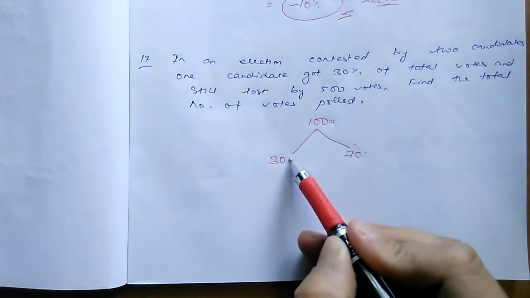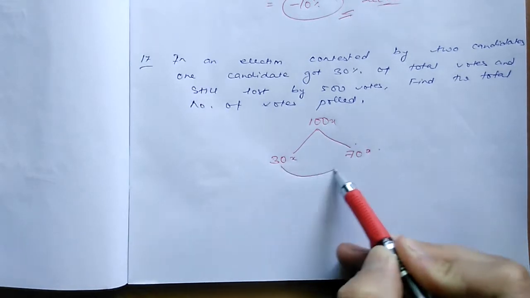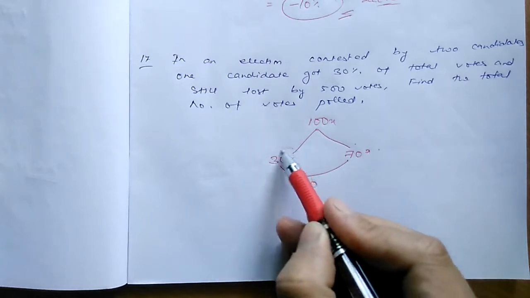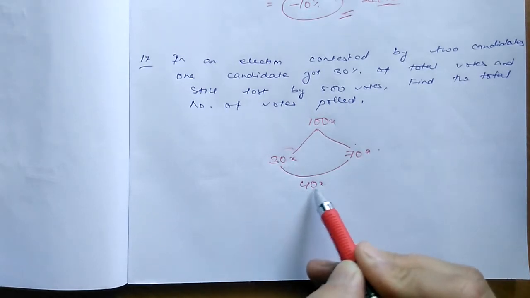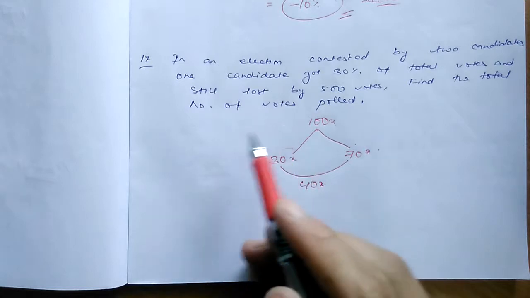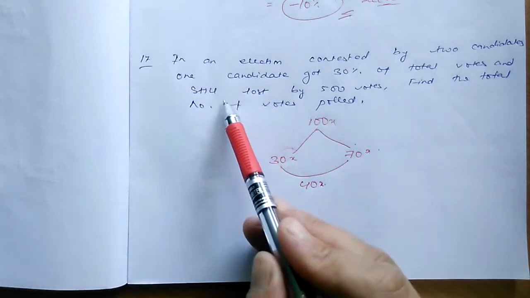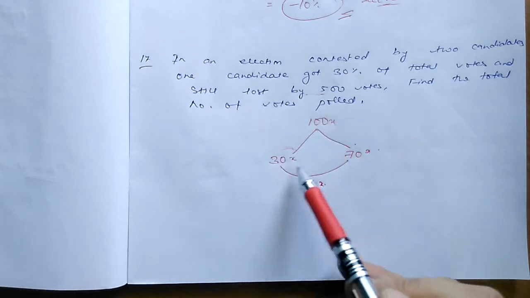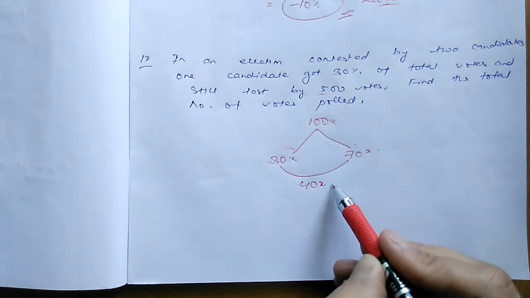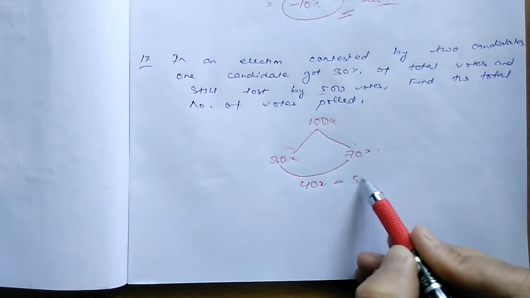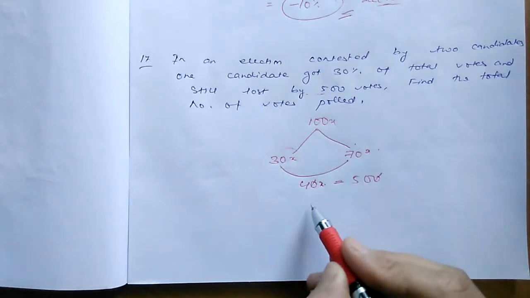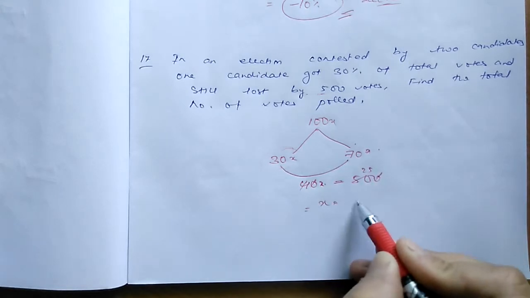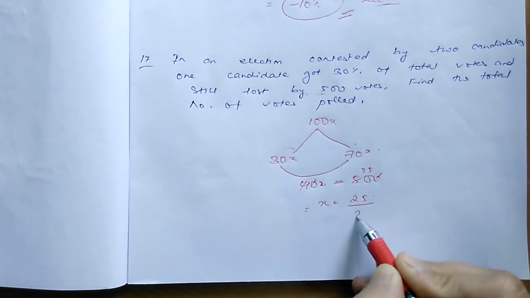So the difference between these two is 40. So this candidate has lost by 40x votes. According to the question, they have given the amount of votes. This candidate has lost by 500 votes. So 40x will be equal to 500. So x will be equal to 25 upon 2.